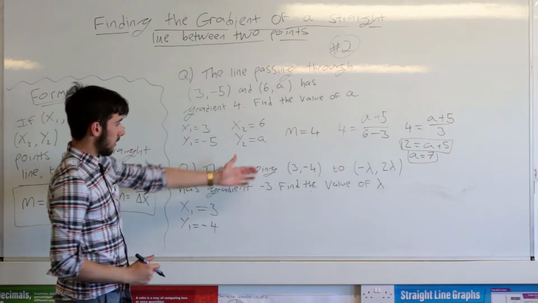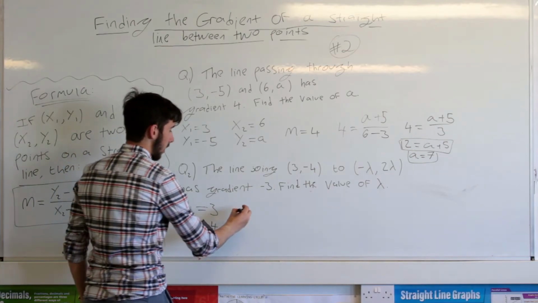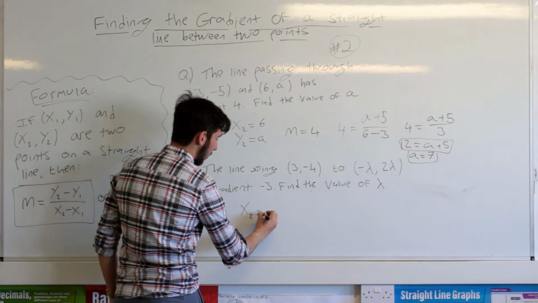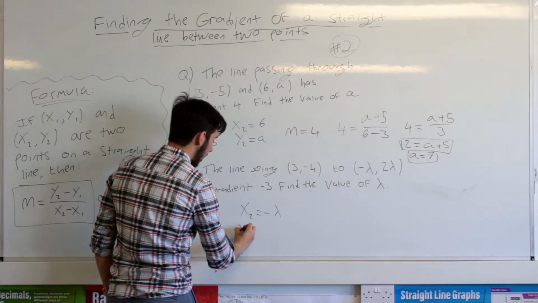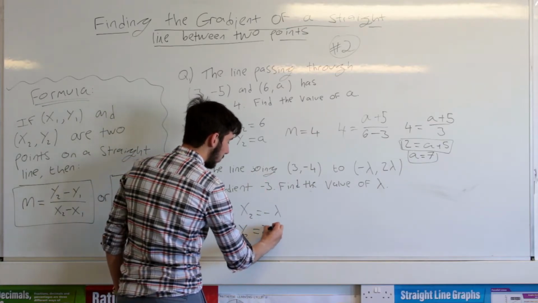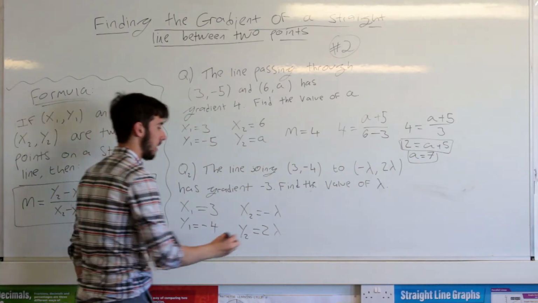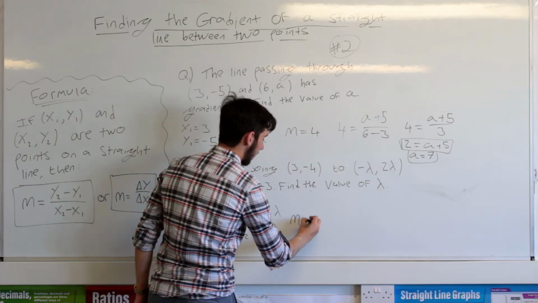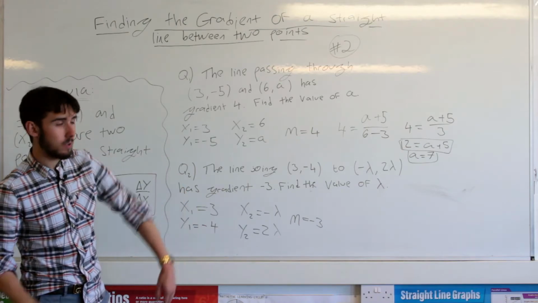Now x2 is equal to minus lambda. We're just going to keep it in terms of lambda because that's what we're trying to find. And y2 is equal to 2 lambda. And again, we have one more bit of information: m is equal to negative 3. The gradient is negative 3, okay?